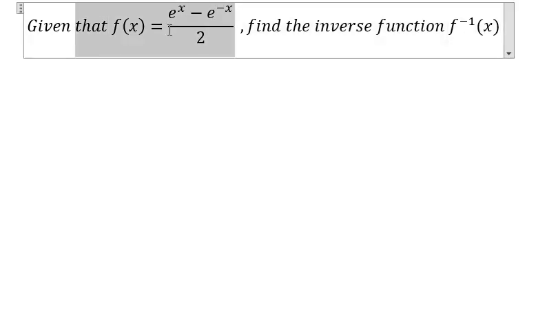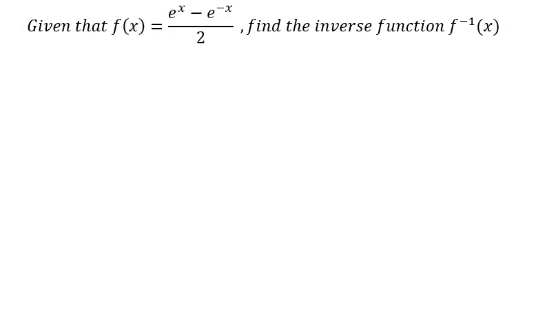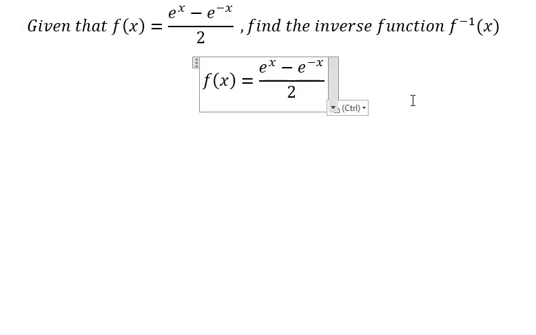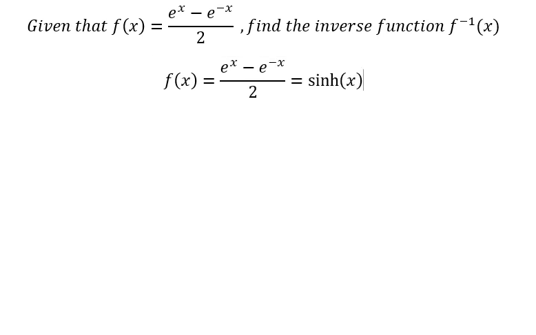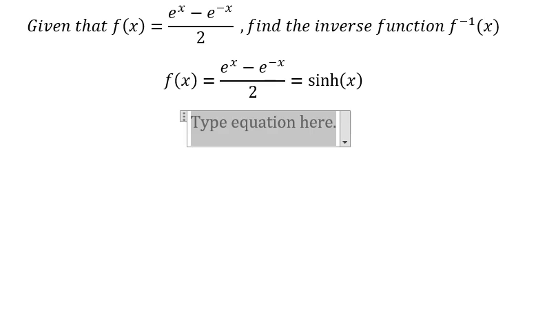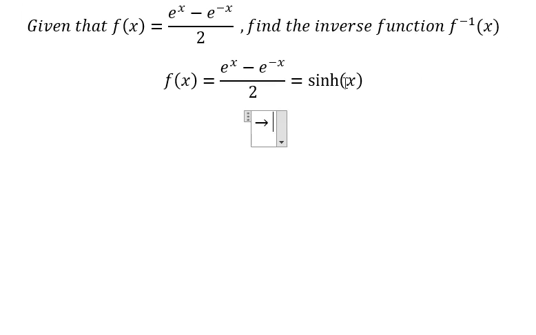We know that we have this one equal to sin of s. Now, if we want to find the inverse function, we need to find the equation of s in terms of f of s. So for this one we can use the inverse hyperbolic function.